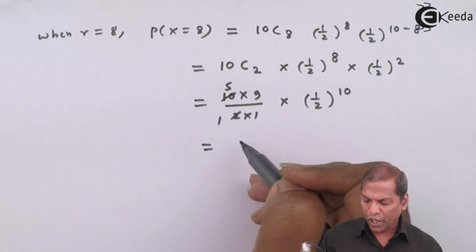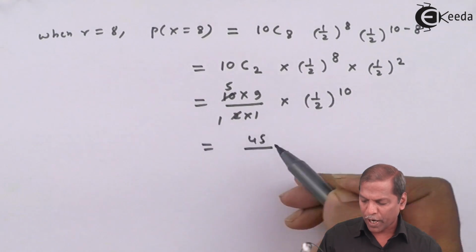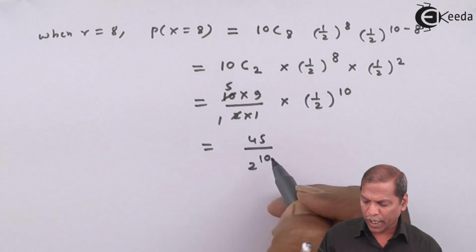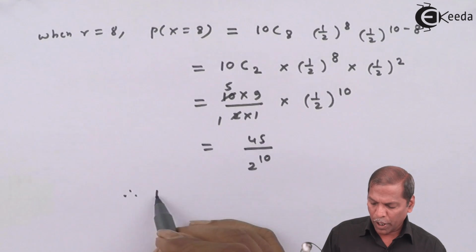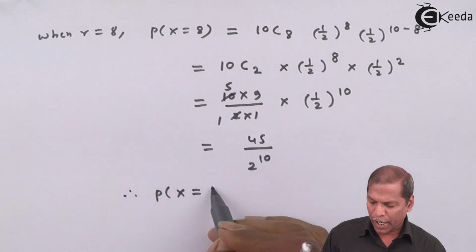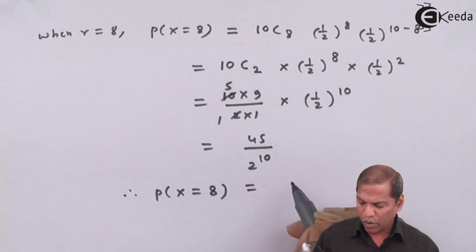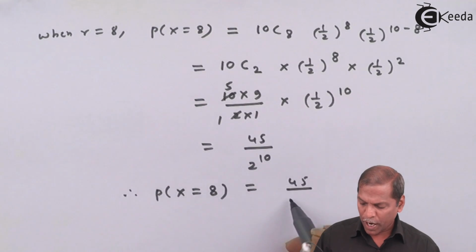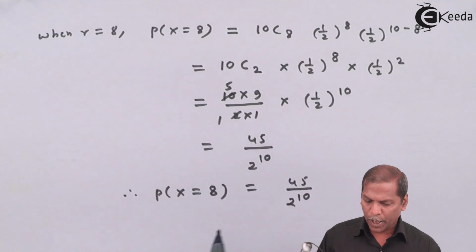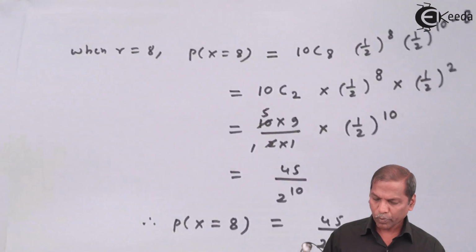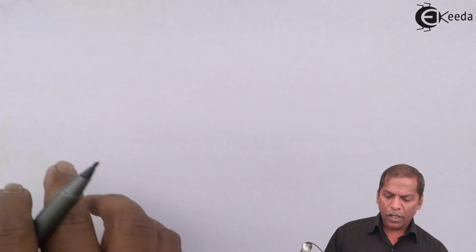So 9 into 5 we get 45 upon 2 raised 10. So in this way probability x equal to 8 is equal to 45 upon 2 raised 10. Now we consider the value when r is equal to 9.